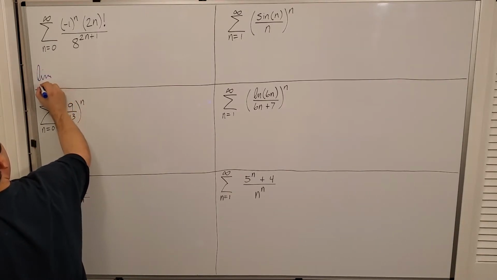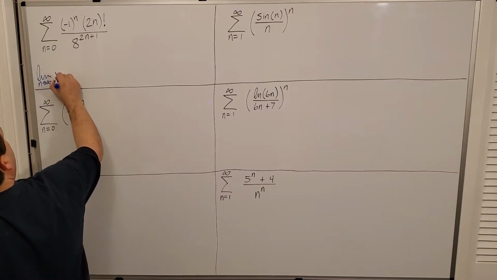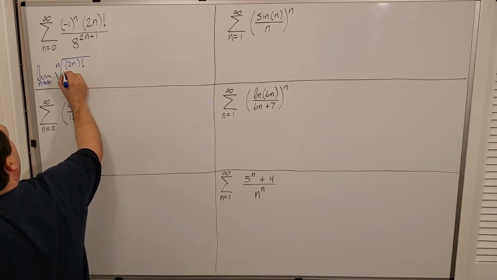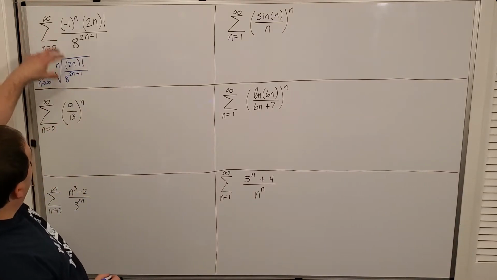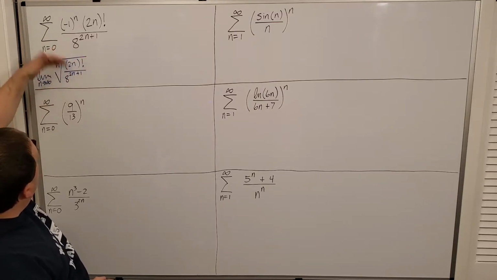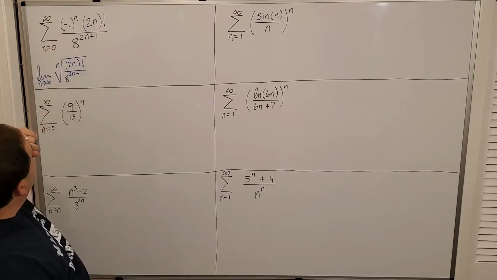So I'll have the limit as n goes to infinity of the nth root of 2n quantity factorial over 8 to the 2n plus 1. Okay? So some manipulations here. I'm going to split the radical top and bottom, right? I'm going to do the numerator and denominator separately.